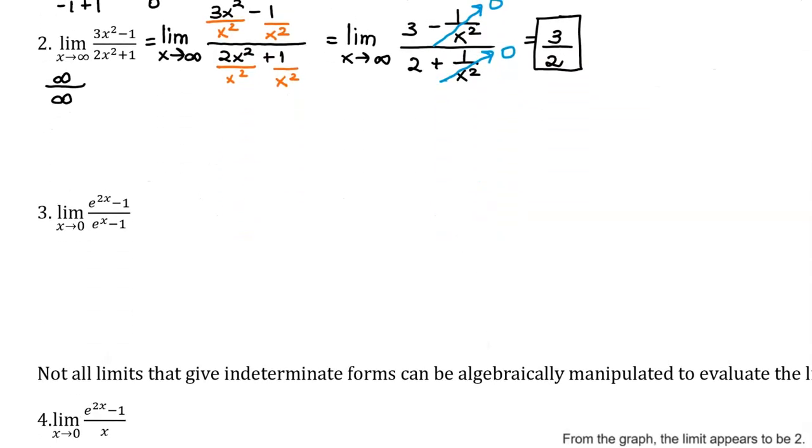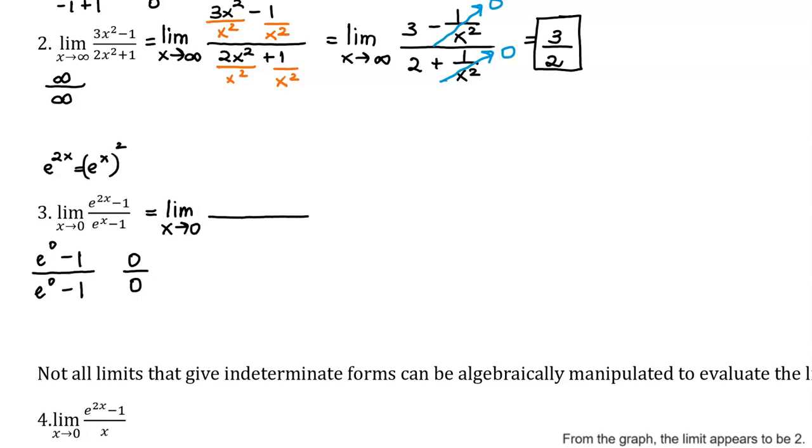Moving on to example 3, if we first start off with direct substitution, we have e to the 0 minus 1 divided by e to the 0 minus 1, which leaves us with the indeterminate form of 0 over 0. However, we can factor the expression in the numerator because it is a difference of squares. I will point out that e to the 2x is the same thing as e to the x quantity squared.